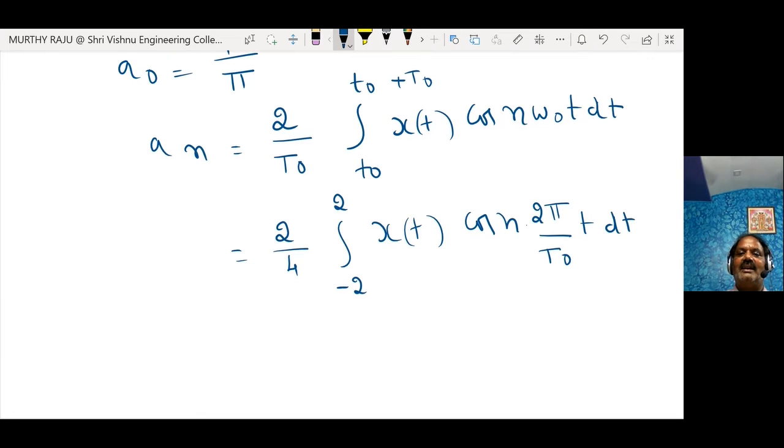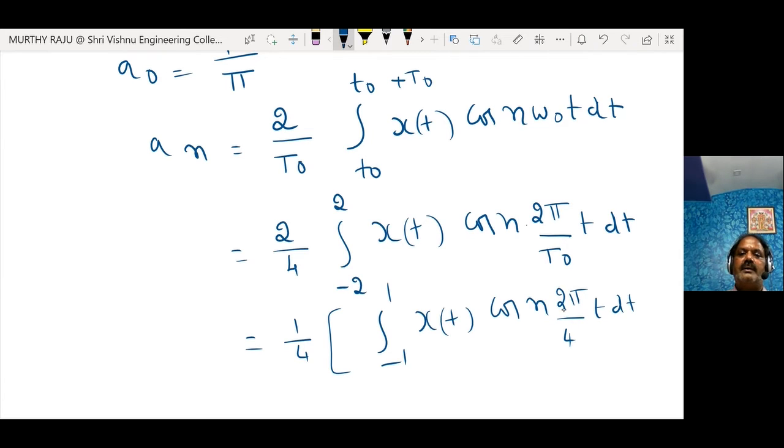That is equal to 1 by 4, the integral from minus 2 to minus 1 is 0. Therefore, minus 1 to 1 is there. X of t cos n 2 pi by 4 t, that is n pi by 2 t dt.